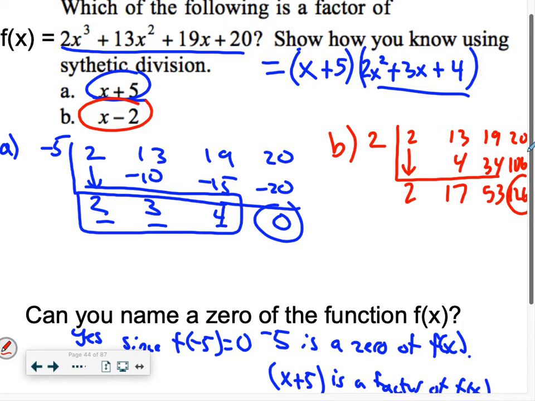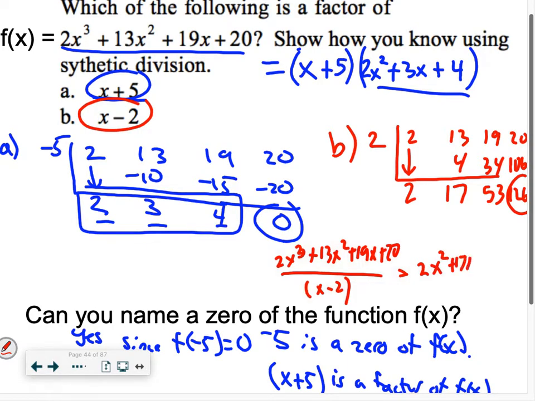So what that means is if I divide 2x cubed plus 13x squared plus 19x plus 20 by x minus 2, I'll get 2x squared plus 17x plus 53, which is what I got right here, plus a remainder of 126 over x minus 2.